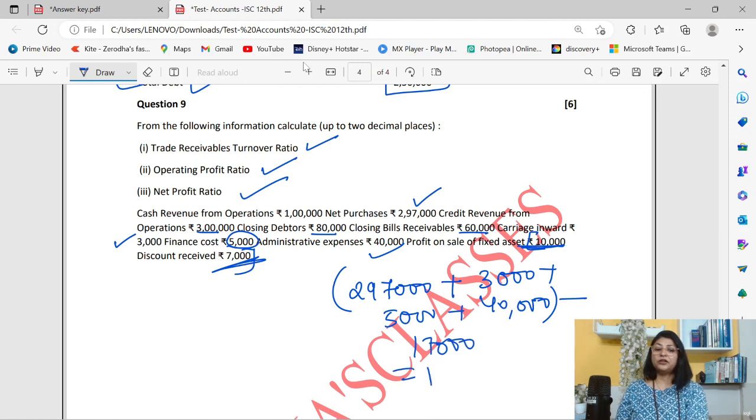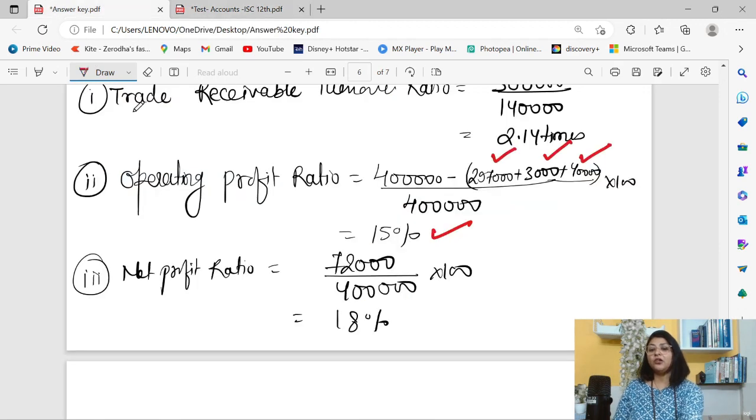So this way we will reach the figure of net profit. Just imagine how you make profit and loss account. That way you have to think, then you will be easily able to get what I am doing. So in this way, net profit we have received is 72,000 rupees, and this will be divided again by revenue from operation multiplied by 100. So 18% is your net profit.